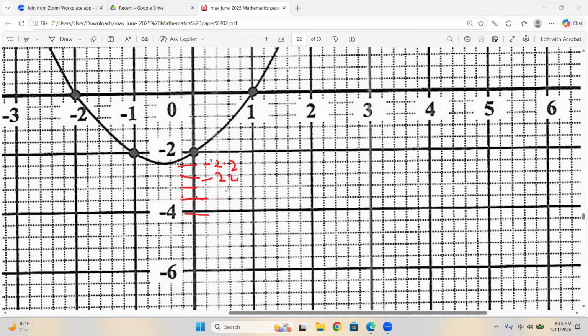Here would be -2.6. Here it can't be -2.8, because it's not -3.0, so wrong scale again.